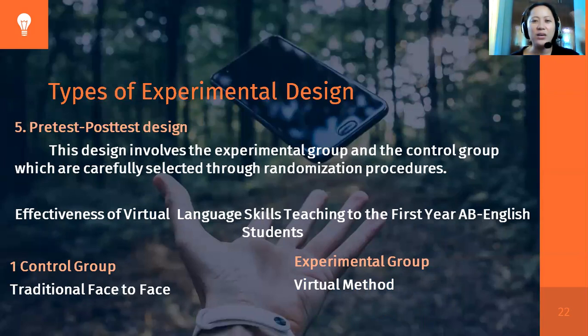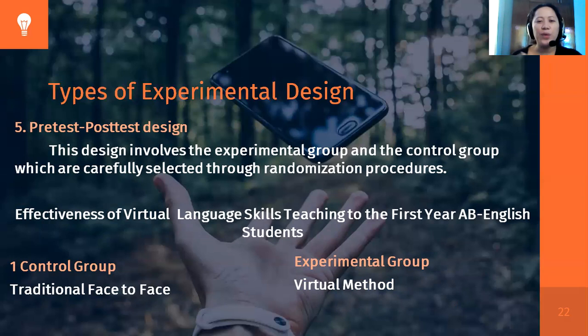So I have here one control group, the traditional face-to-face. So we cannot conduct this as of the moment since we are not having a face-to-face class. So let's just try to imagine that we are in a normal setting, in the old normal, that there is a face-to-face classes and you experiment some of your students or some of your respondents with the virtual method.